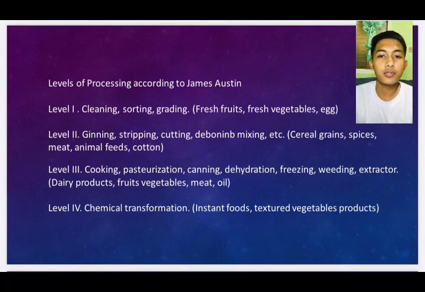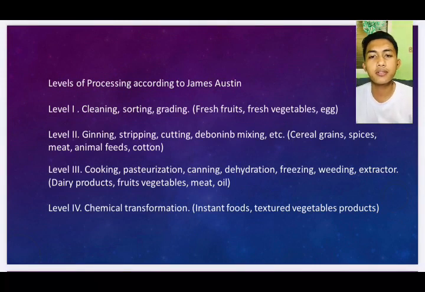In other words, there is no cooking yet, there is no chemical transformation, but there is further transformation involved in making the products more usable for the next stage of operation.